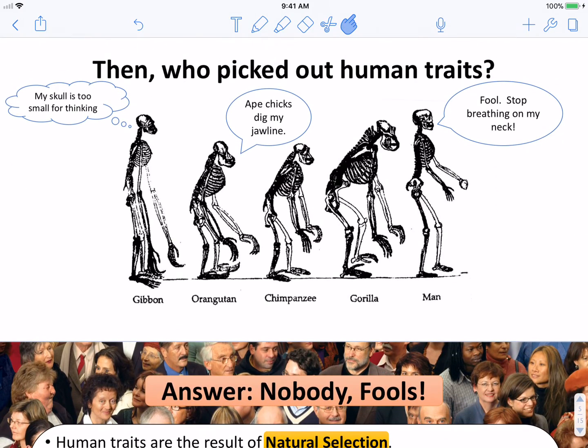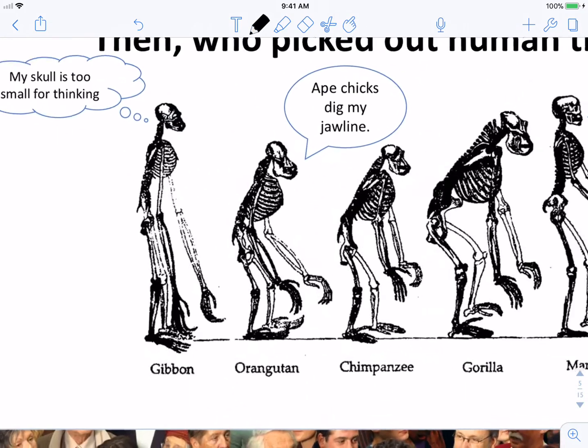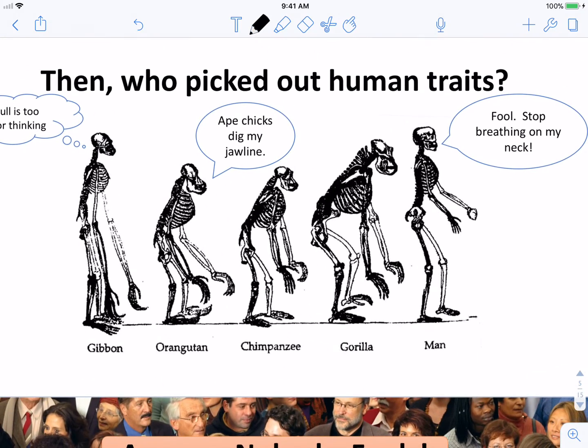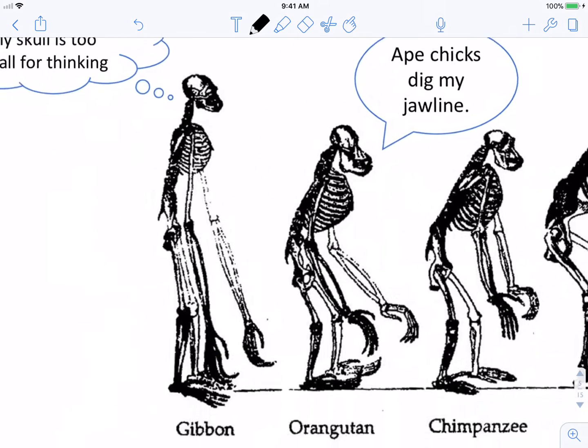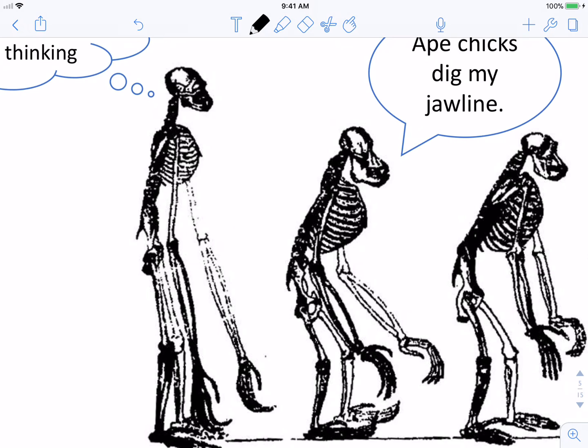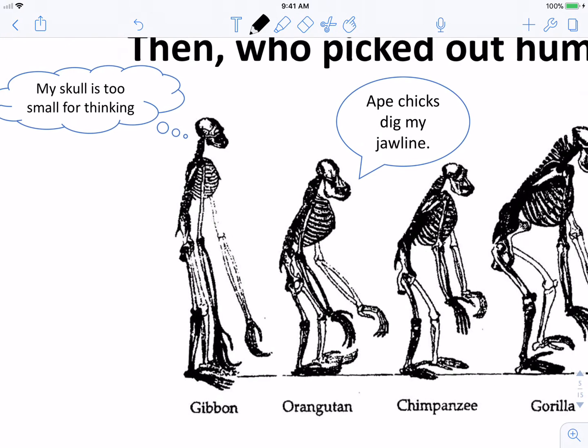But what about us? Here's the thing. If we look at where we came from, these are skeletons of different animals that are surviving today. These are different types of apes. That's a gibbon. If we look at the gibbon, he's got a really small rib cage, really long arms. And then we have a pretty small skull, so our brain probably wasn't too big.